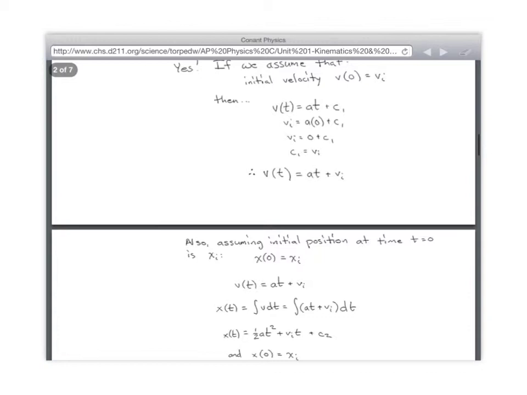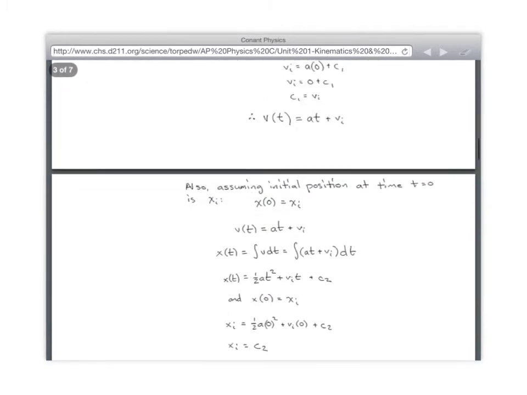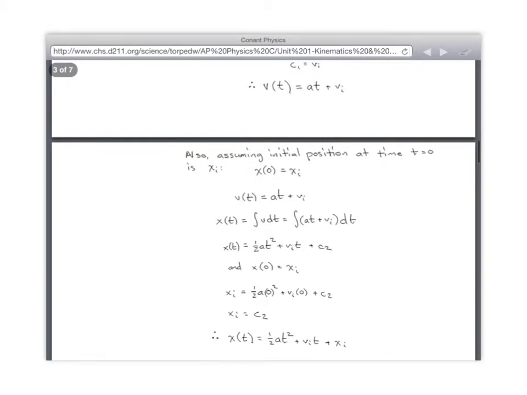So now we can go x equals 1/2 AT squared plus VIT plus C2. And of course we know that xi can be plugged in for x and 0 can be plugged in for time, and we get xi equals C2. Do all that, and we're left with this equation, which should look more or less familiar to you.